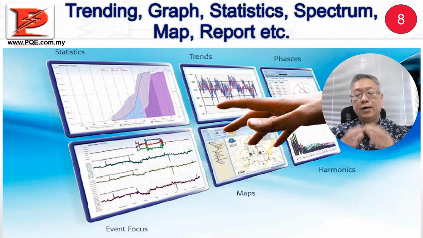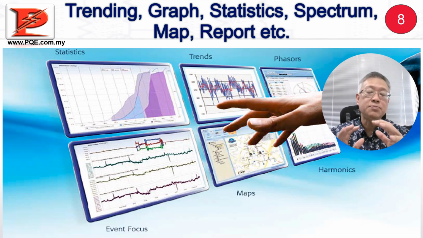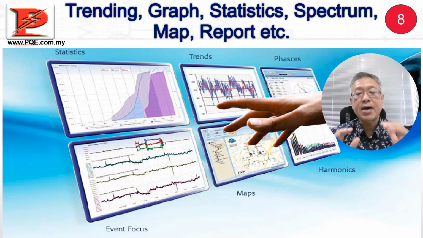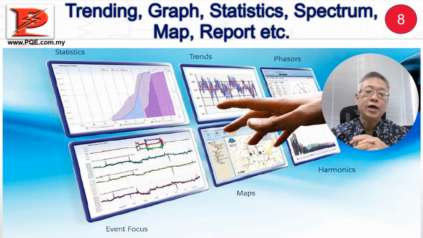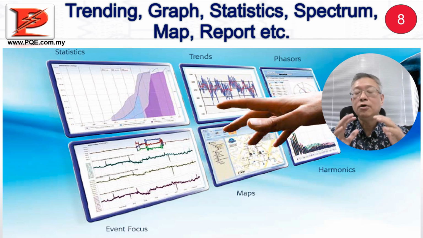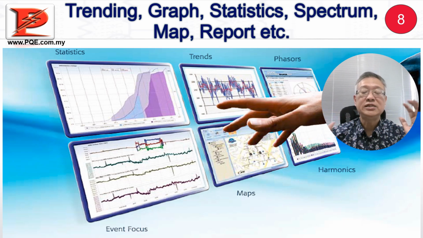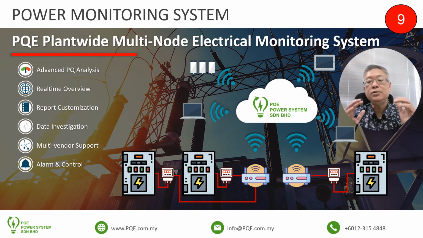Number eight, this hardware is powerful, but we also come with very innovative and state-of-the-art software able to do trending, graph, statistics, spectrum, mapping, report, and not for a single node, not for a single point, but it can go for large scale SCADA. Number nine, as I mentioned, this system can be used to do plant-wide monitoring.